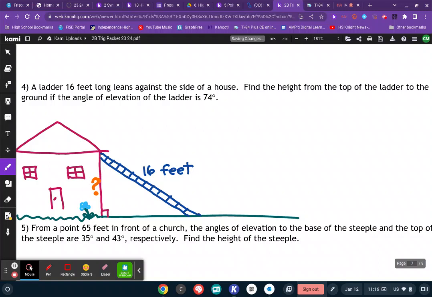On this one, we have to decide where the angle of elevation is. Let's think for a second. Think about the ladder, our line of sight is our base for the beginning. The ladder has to be leaned up against the house, so it's got to be elevated in order to lean up against the house.